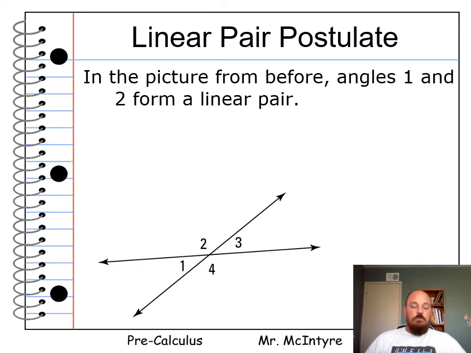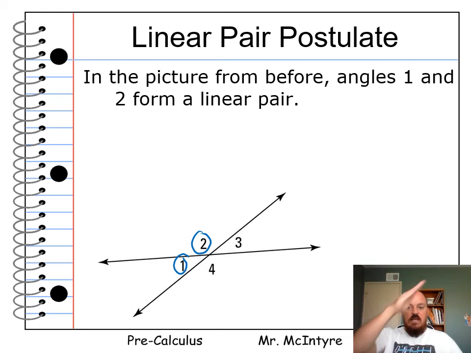So in the picture from before, this is the same picture we had where we talked about vertical angles. I said angles 1 and 2 form a linear pair. Angles 1 and 2. That would be like if you took your hand and you blocked off the bottom corner of this, you blocked off angle 4 and angle 3. It looks just like the picture I just drew.